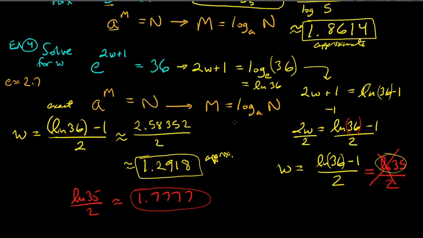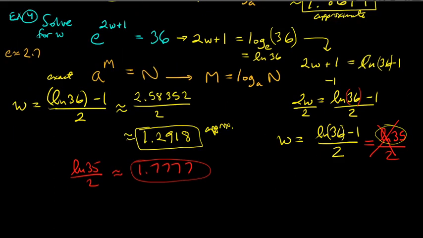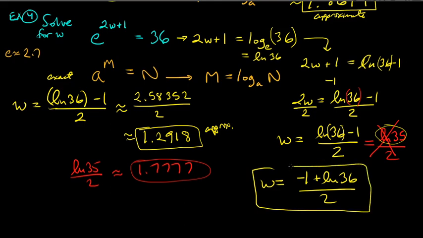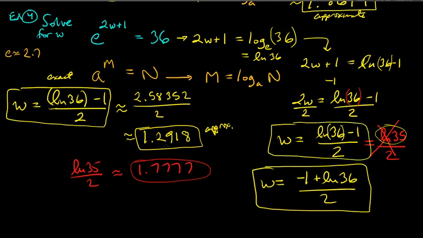And really, the best way to write this would have been to say w is negative 1 plus the natural log of 36 all over 2. If you put the negative 1 in front, you're not tempted to subtract 36 minus 1. So maybe that would have been the best way to write the answer. But I'm not picky. You can write it any one of these ways for the exact answer, and then this is the approximate answer. So I hope that helps.